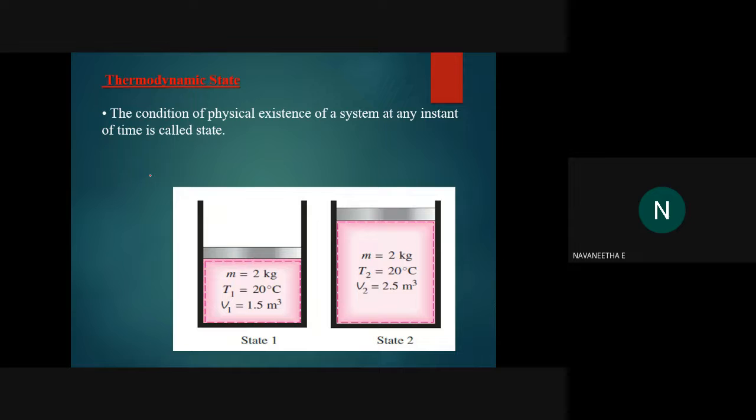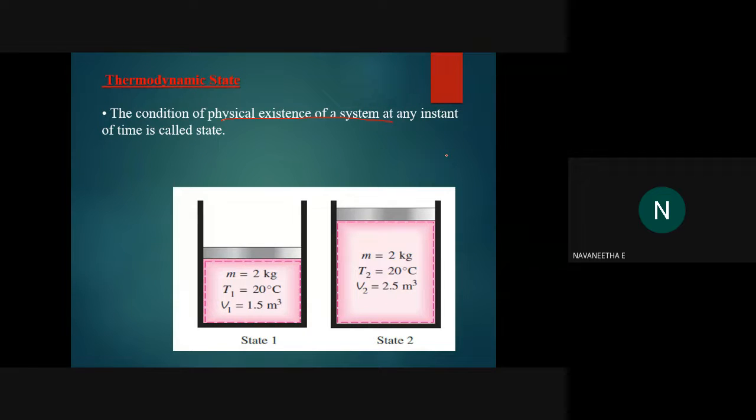So we can convert the state of the system from one state to another. The condition of physical existence of a system at any instant of time is called a state. Have you understood?